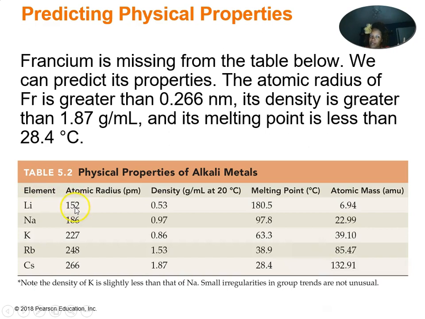Also, the radius increases. However, the melting point decreases from the top to the bottom, whereas the atomic mass increases. So I would take a look at this, to get some idea of how you can predict what the trend would be just based on looking at a graph.